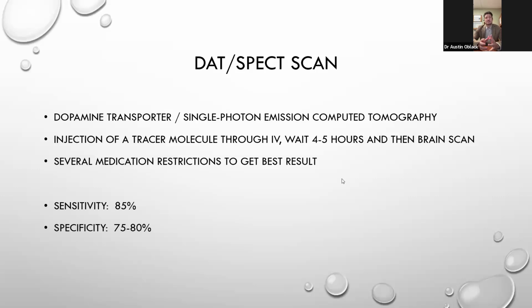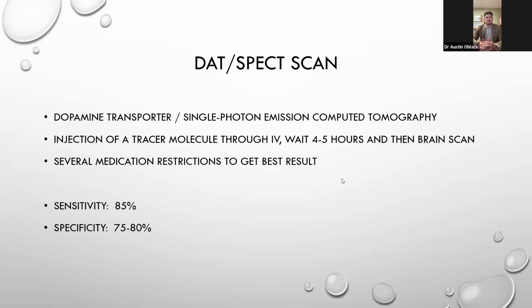There is some specific criteria for this test to be done. There are some time constraints. It takes about 4 to 5 hours for that tracer to get up to the brain to get absorbed. And so, we like people to be sure to wait the appropriate amount of time before they actually have the scan completed. Otherwise, it's not going to give us useful information.